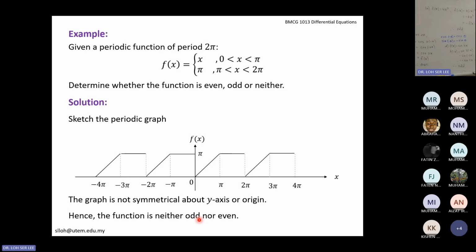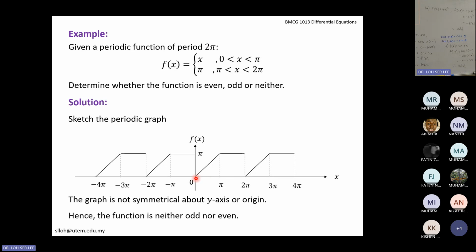Okay, next one, given a periodic function of period 2 pi. We sketch this from 0 up to pi, we have x. And from pi up to 2 pi, we have pi. Pi is a constant, so we get one horizontal line at pi.